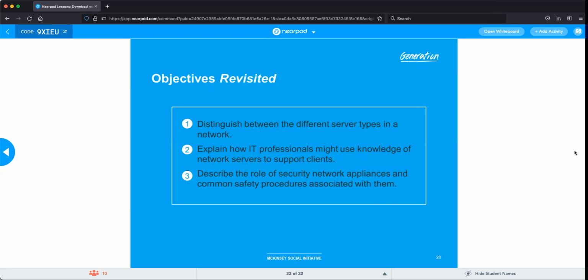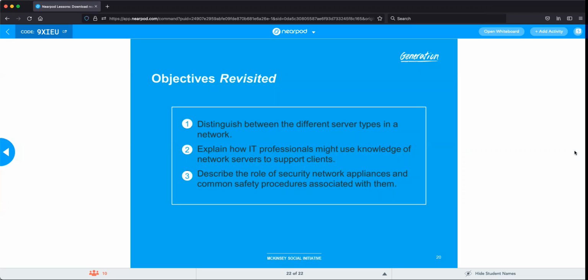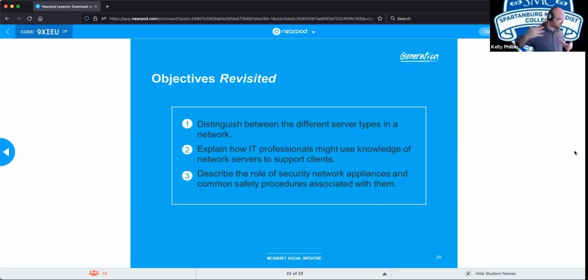Mail server. Proxy server. Print server. Authentication server. DHCP. DNS. That's all 8 right there.